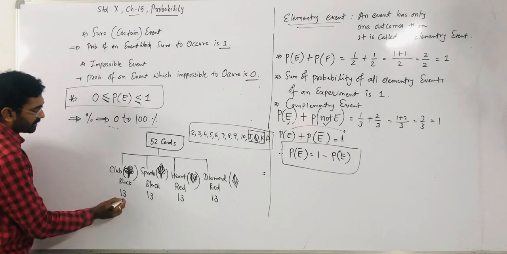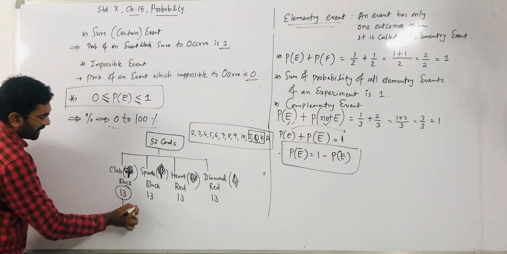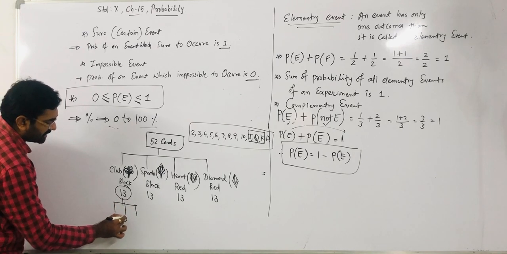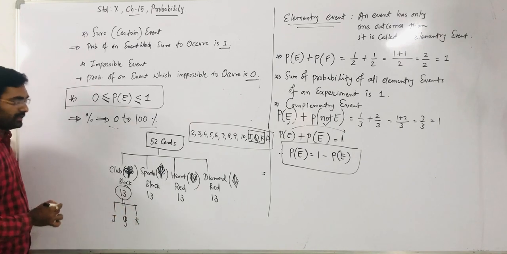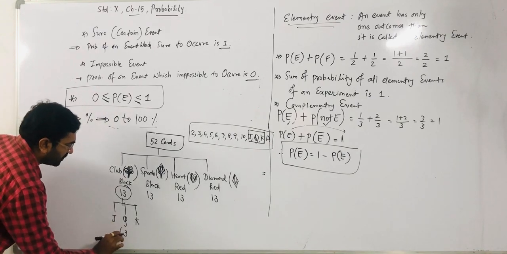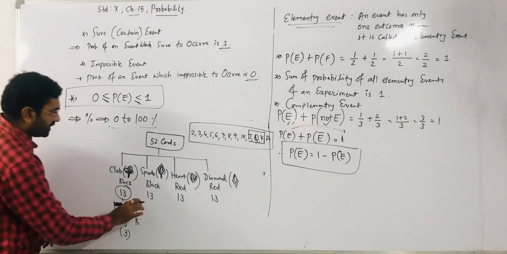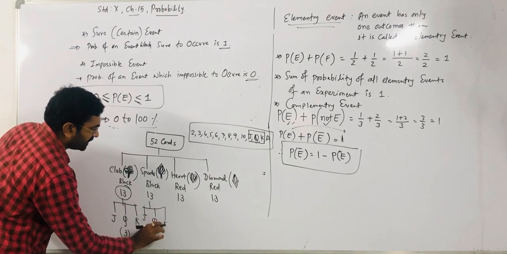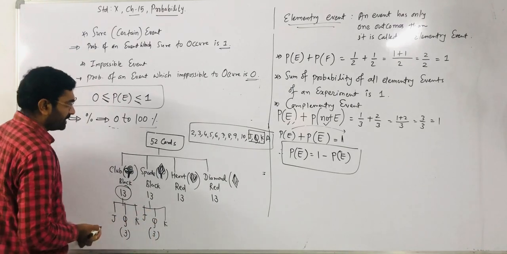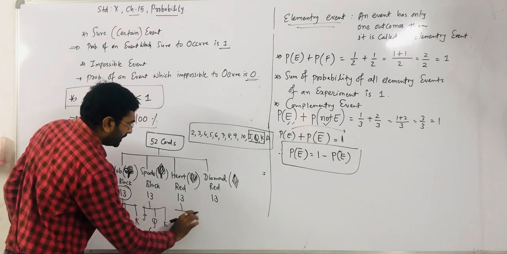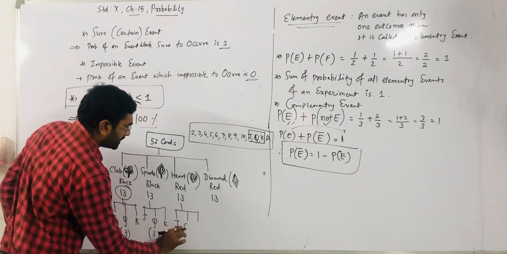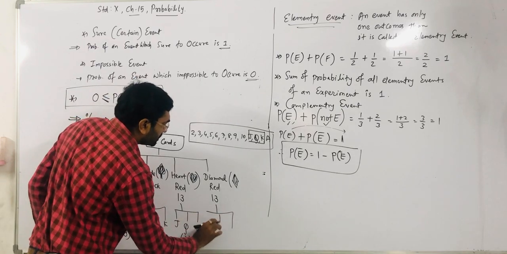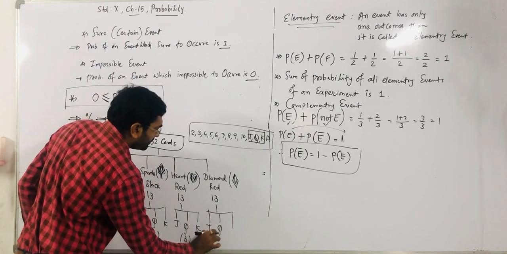Okay. Now another thing. As I told you, in club there are 13 cards. Out of 13 cards, there are 3 face cards. Which are the 3 face cards? Jack, Queen and King. Right? Same way, in spade also there are 3 face cards: Jack, Queen and King. In heart also there are 3 face cards, and in diamond also there are 3 face cards: Jack, Queen and King.